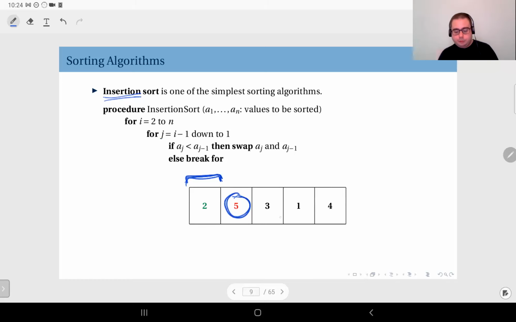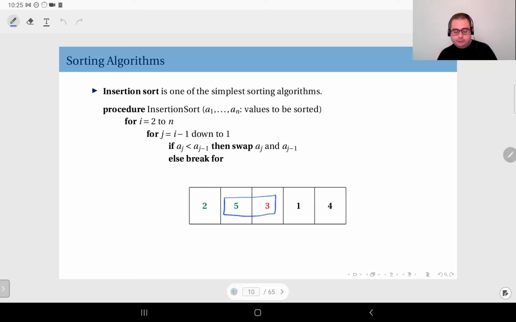So you compare it with the next value, and here you see 5 and 3 are in the wrong order, so you swap them. You put 3 before 5, so you are inserting 3 into the list of 2 and 5.